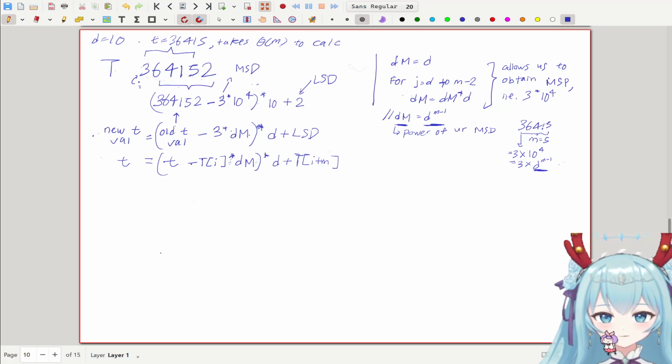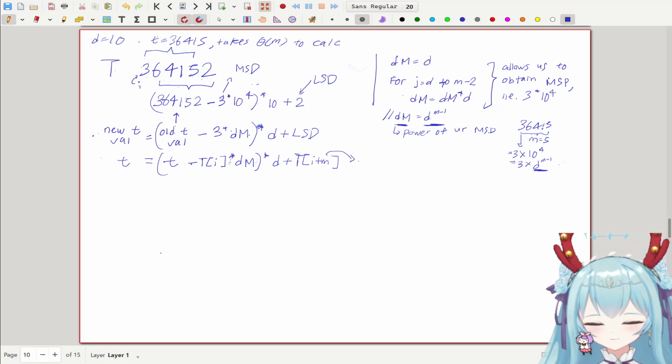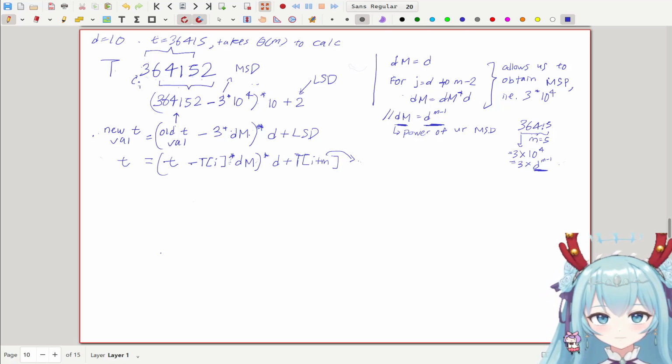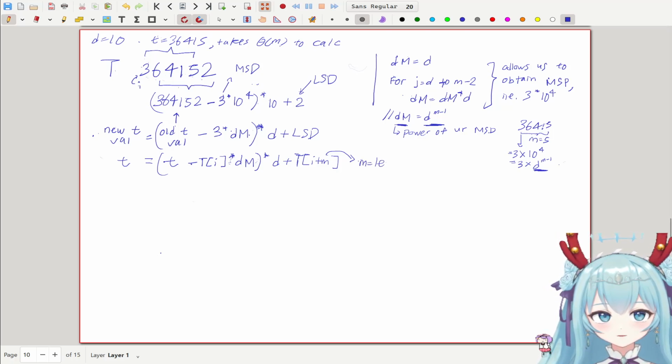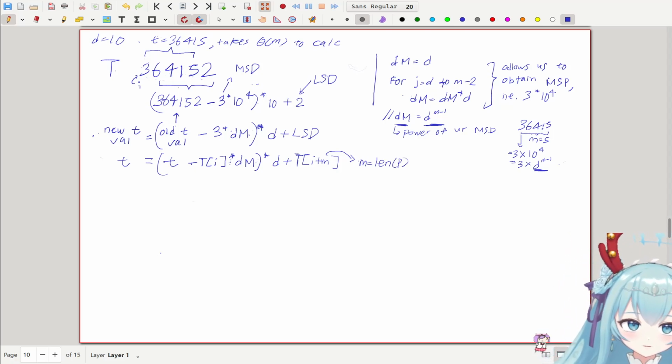Again, you can refer back to my previous video on the naive algorithm where I cover what m is within the first 5 minutes. So m is equal to the length of p, which is basically the length of a window.